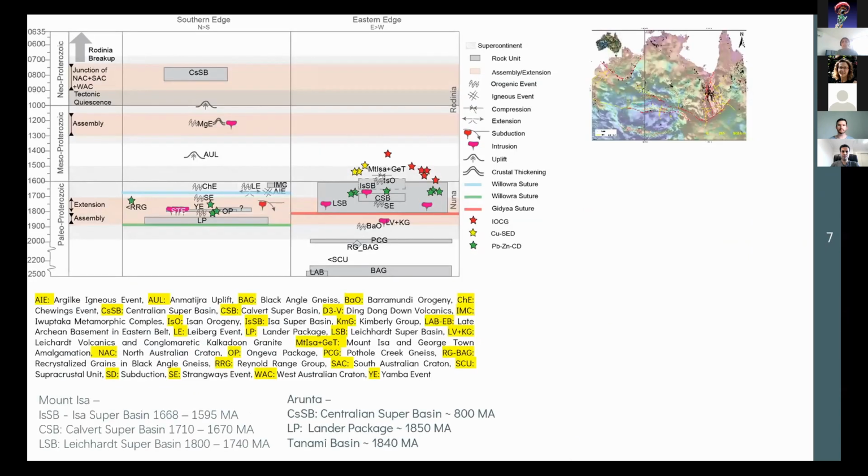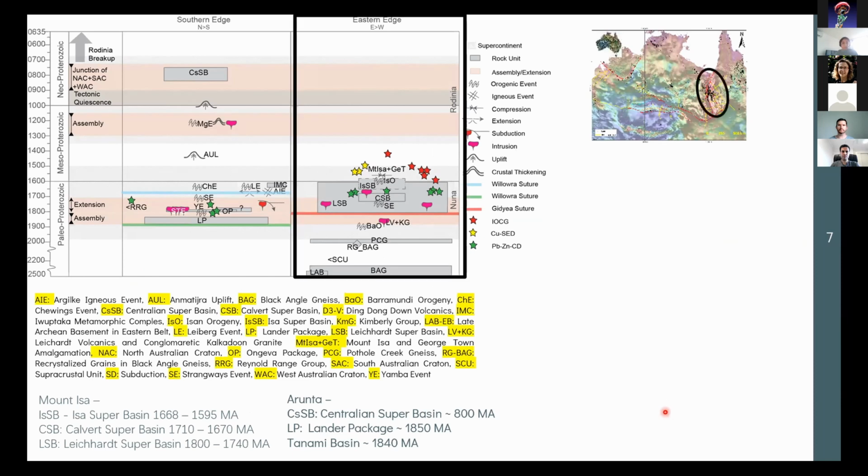Okay. So this slide shows a time-space table for NAC evolution in the Proterozoic. On the east, we have Mount Isa, which is highly mineralized, with a high endowment of mineral systems.